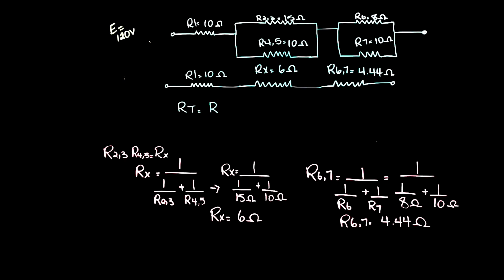So resistance total equals R1 plus Rx plus R6,7. So R1 is 10 ohms plus Rx is 6 ohms and R6,7 is 4.44 ohms, giving us a resistance total of 20.44 ohms.